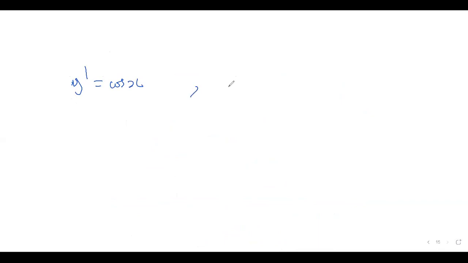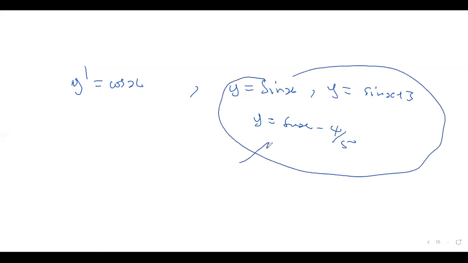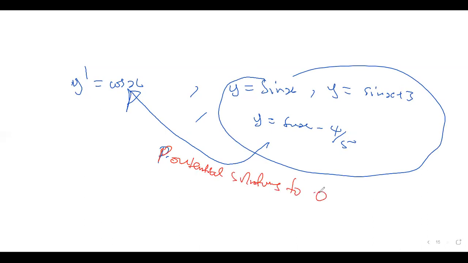You and me will agree that y equal to sine x, y equal to sine x plus 3, y equal to sine x minus 4 over 5, all these can be potential solutions to this ODE. You know why?